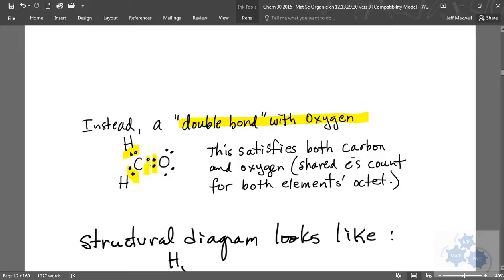These 4 are included in that bond, so 4, 6, 8. And also for oxygen, and I'll do this in red, oxygen has 2, 4, 6, 8 electrons around it as well.